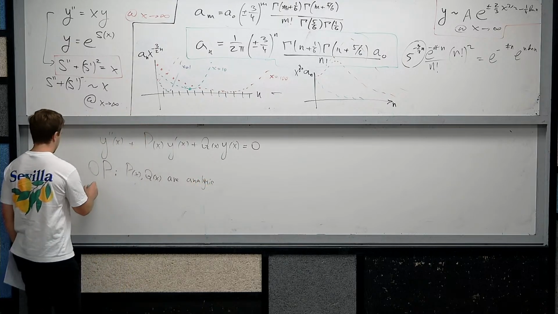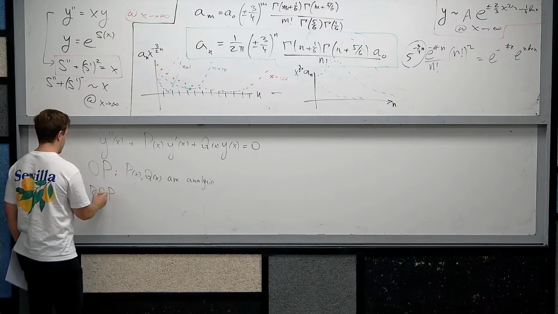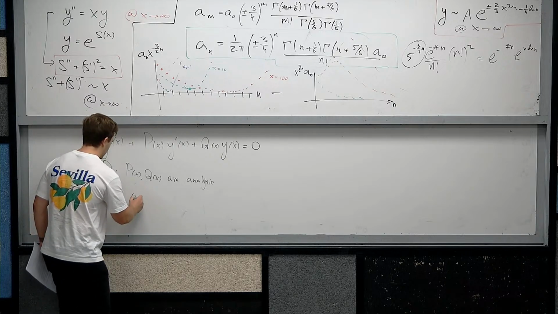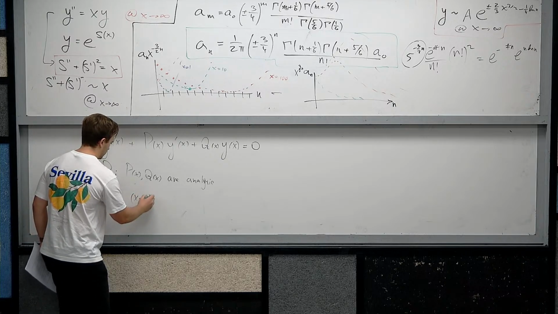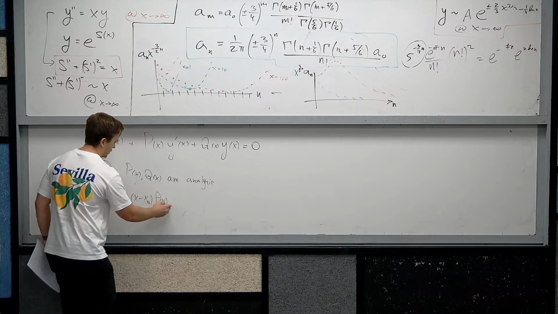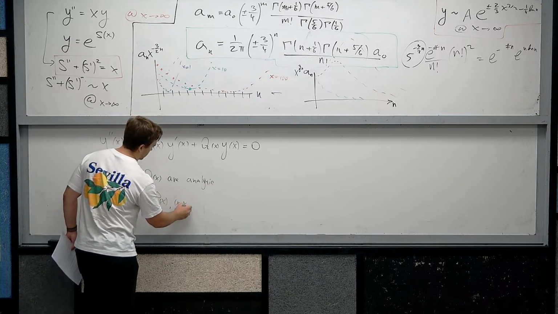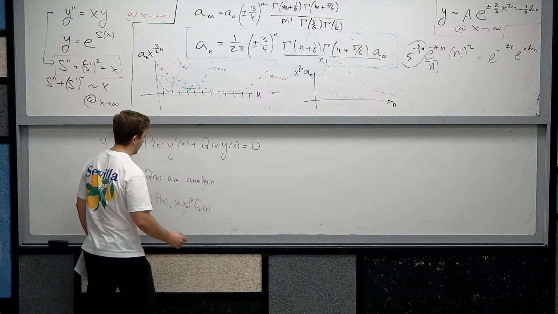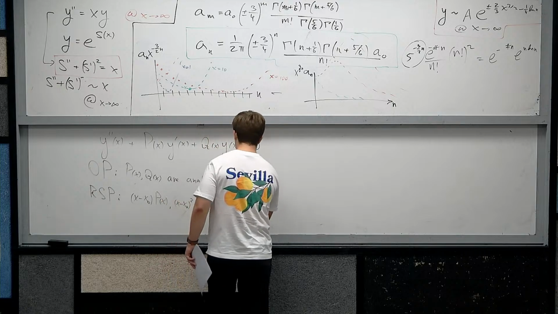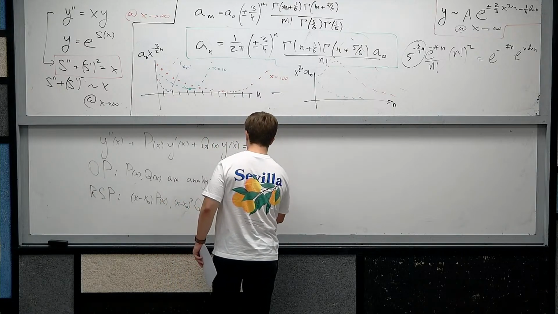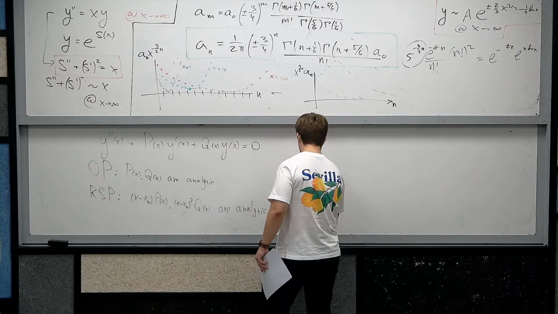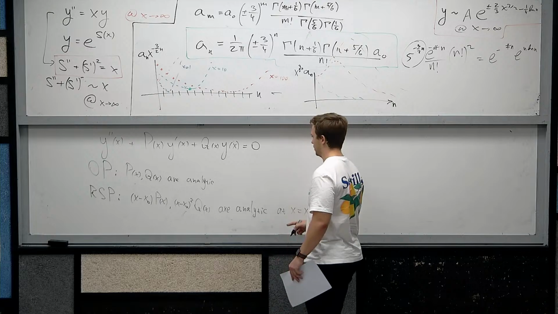The second type is regular singular point. So in these points, x minus x naught p of x and x minus x naught squared q of x are analytic at point x naught.